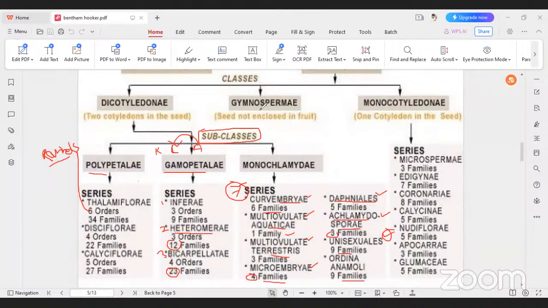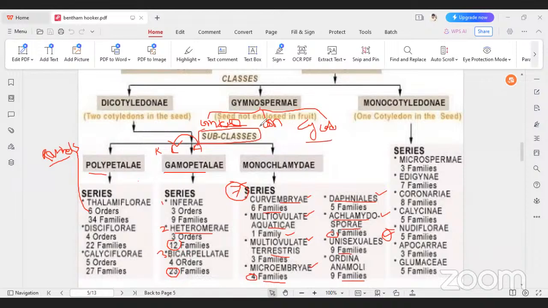Gymnosperms have no subclasses, no series and orders, directly divided into three families: Gnetaceae, Coniferae and Cycadaceae. These are the three families.